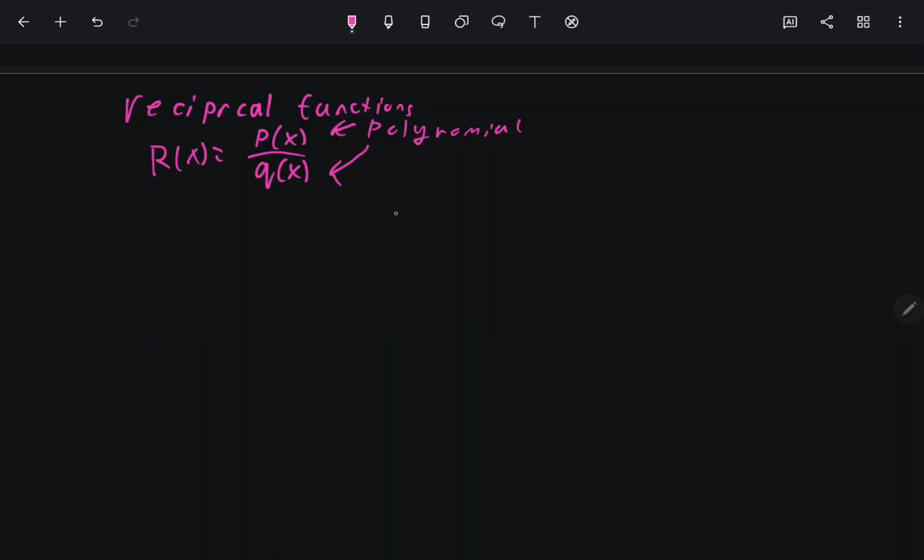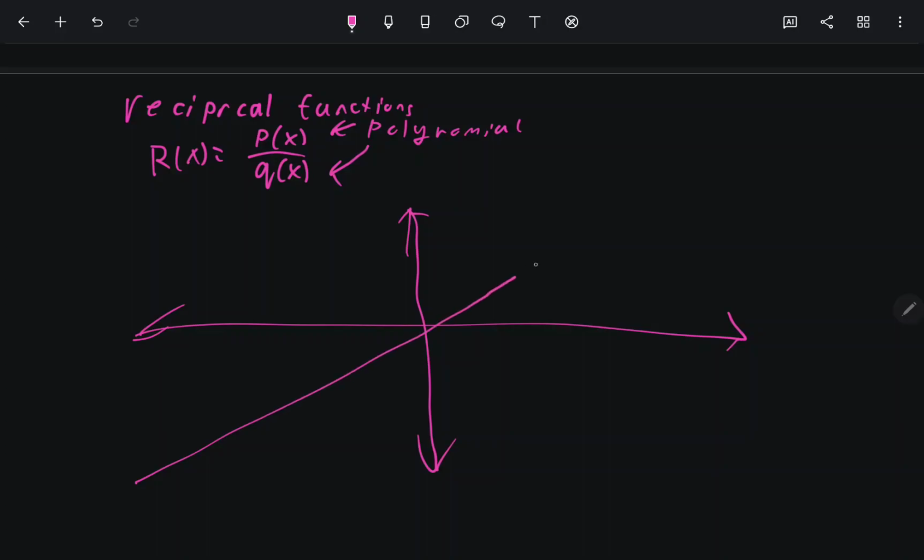And these are where you can get some really cool graphs with some very interesting features. For example, you can get graphs that almost look like a line but have holes in them. You can also get graphs with horizontal or vertical asymptotes.